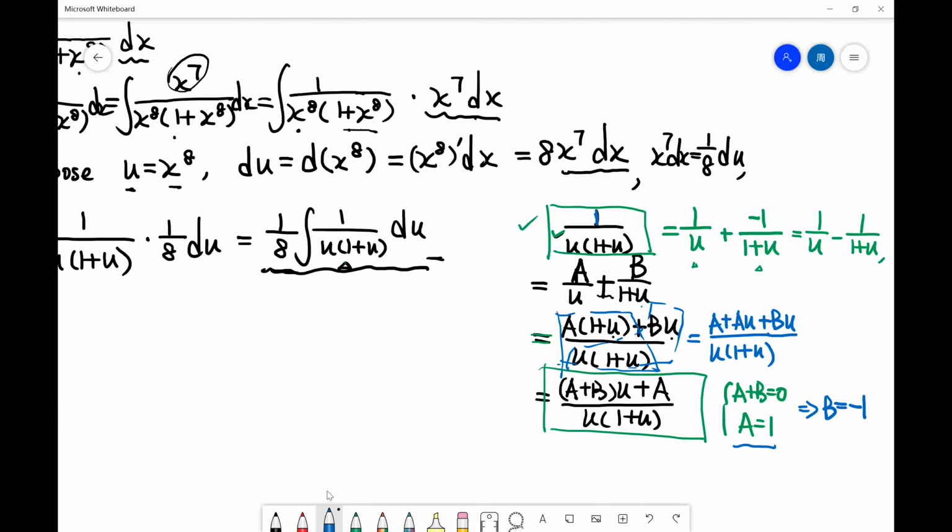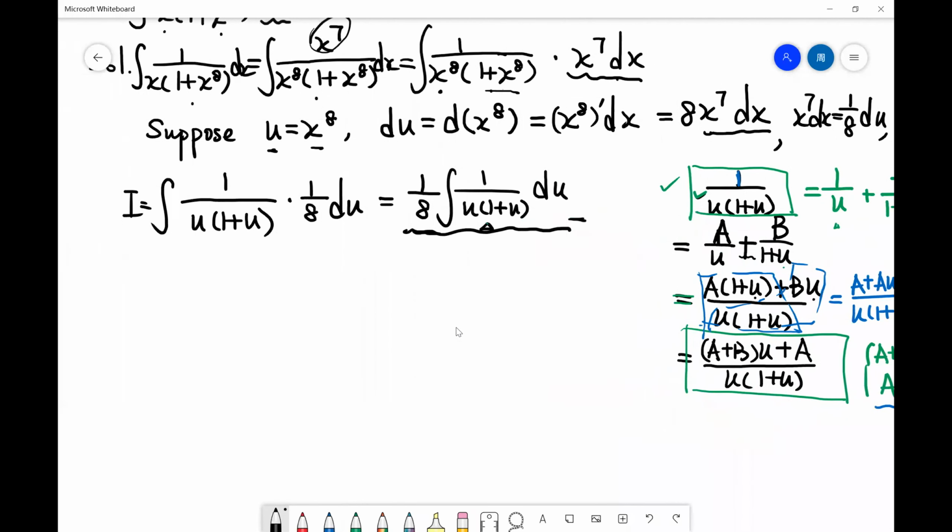So minus 1 here. So we have that the integral can be written as 1 by u minus 1 by 1 plus u here. So here we have changed the integral to 1 by 8 times the integral of 1 by u minus 1 by 1 plus u du, right? And now we can separate it into two parts, using the sum rule here.